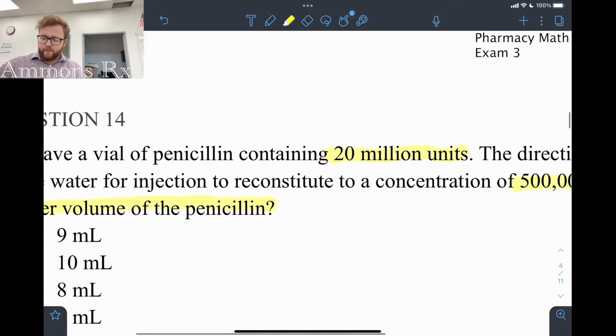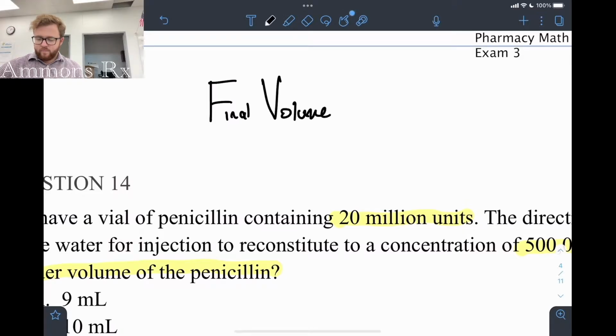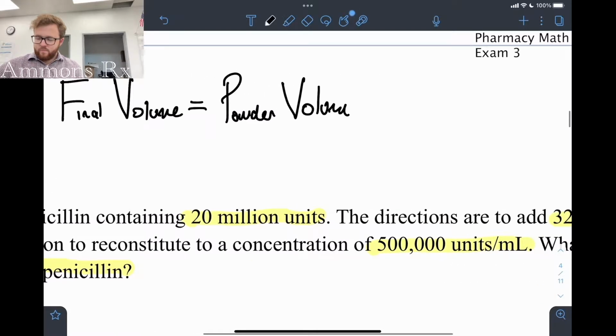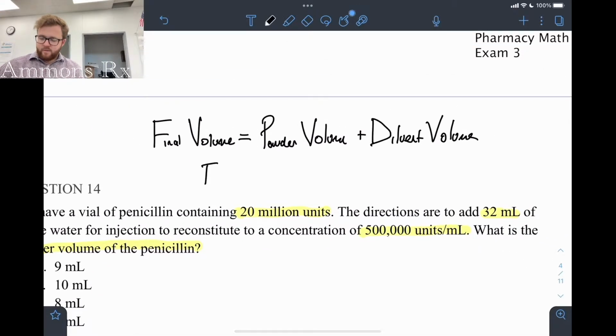Okay, so this one starts a new topic because we have final volume equals powder volume plus diluent volume. FV equals PV plus DV.